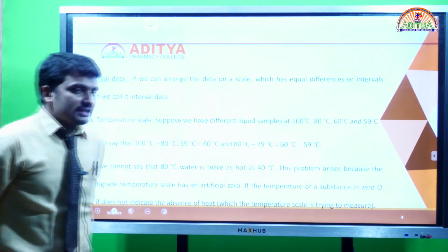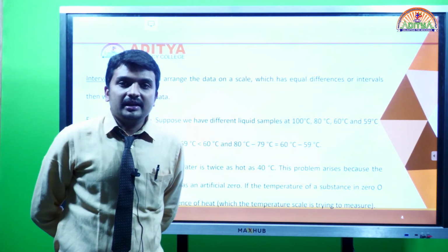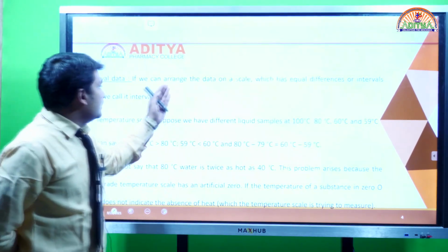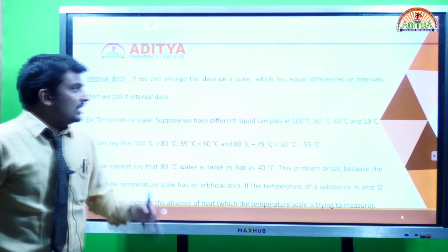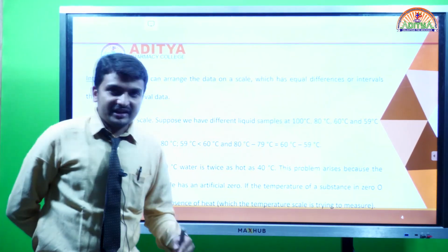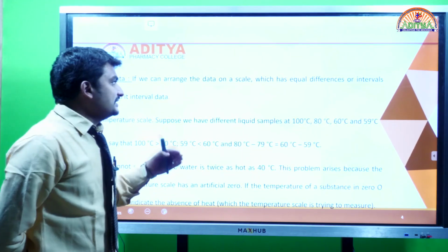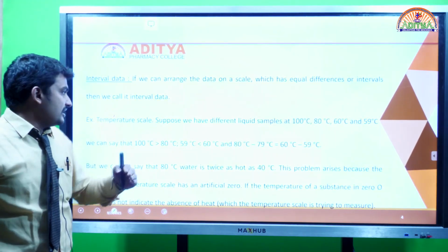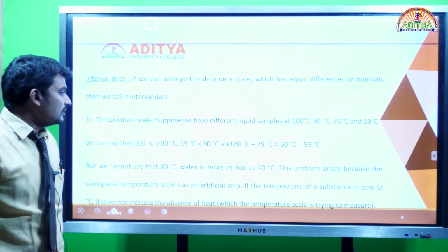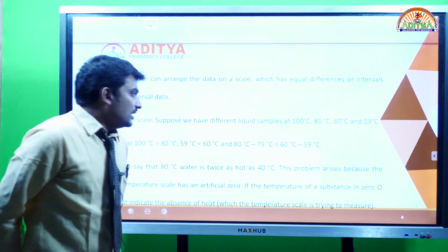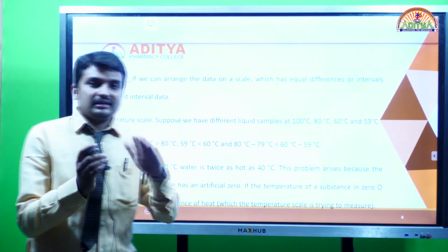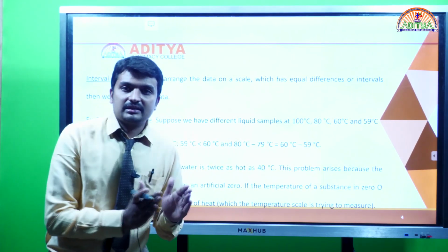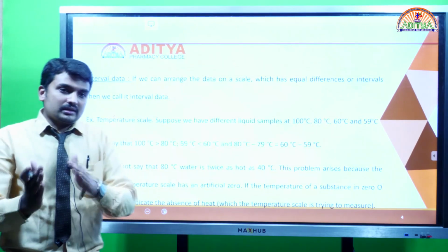There is another kind of data called interval data. Interval data is nothing but data we can arrange on a scale which has equal differences in intervals, for example, the temperature. Temperature like 60 to 70 degrees in one group, or 70 to 80.